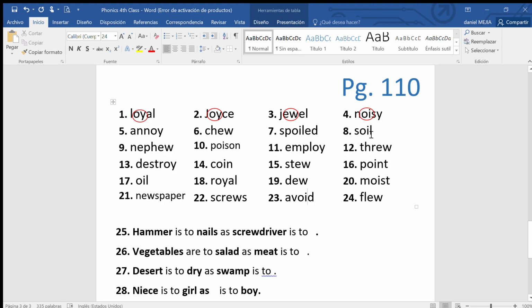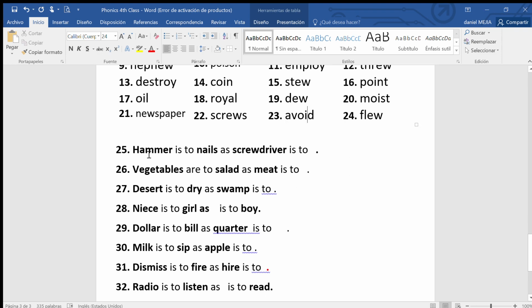Soil, the dirt, when you put trees, the grass. Through, remember the past of throw. Point, you gain 1 point for every homework you do. Moist, okay, so when something is very... how can I explain it? Sorry. Moist, well, let me... Lay, the past of lie, okay?